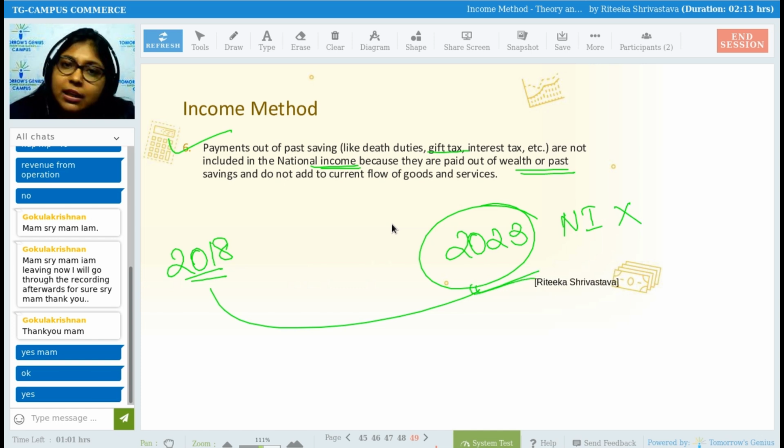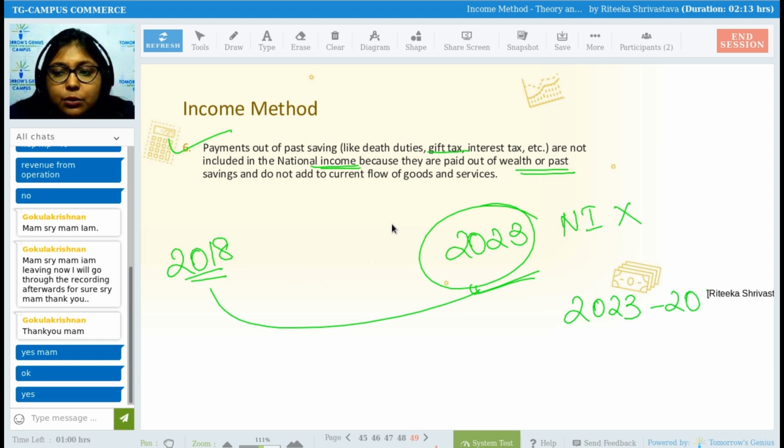It was not received by me in the year 2023. So whenever I prepare the national income for 2023-24, I am not going to include this kind of income. So any expenses, any transaction made from the past savings will not be included while computing national income.